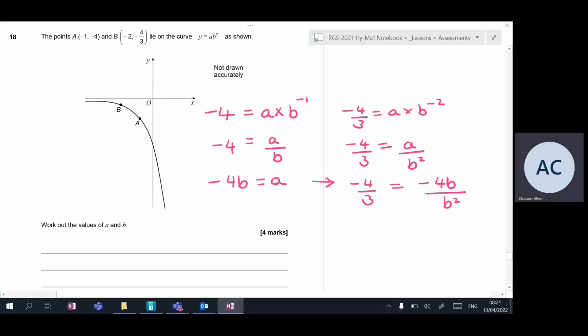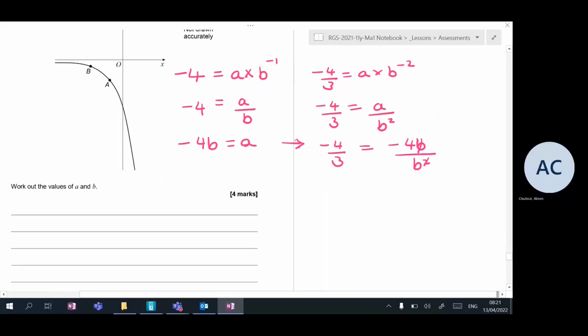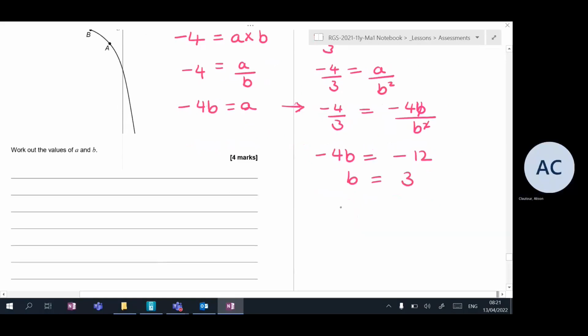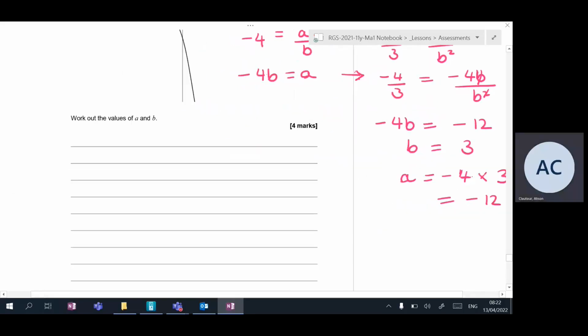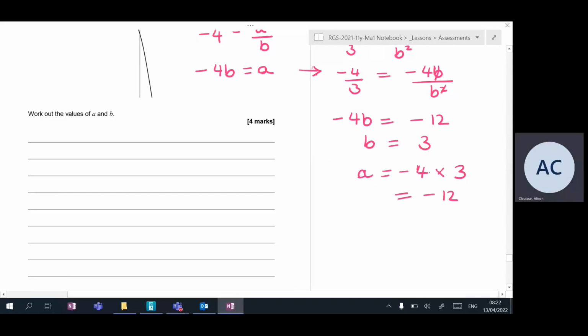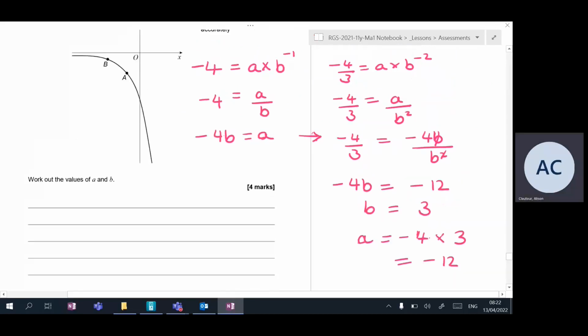One of my b's is going to cancel out, so this b on the top cancels out with this b down here. And then I can cross multiply. So minus 4b is minus 12, so b must equal 3. And a is minus 4b, so it's minus 4 times 3, which is minus 12. Okay, so they're your values of a and b.